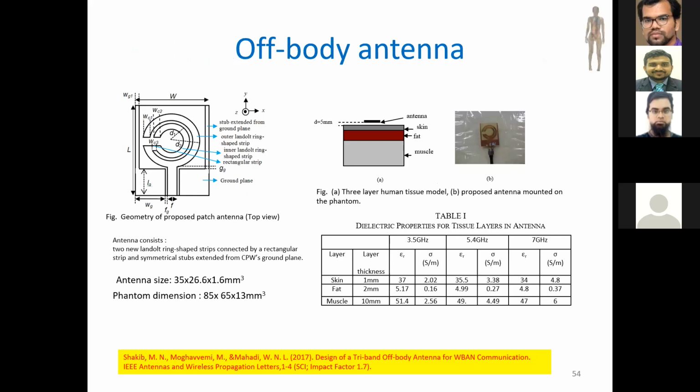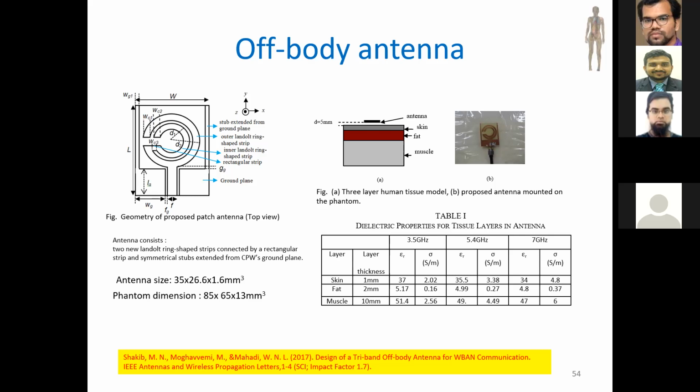This has been published in IEEE in 2017. As you can see from the figure on the left side, we have made a double ring, like a land dog. The inner land dog and outer land dog are kept in such a way that they balance the device and give optimum results.